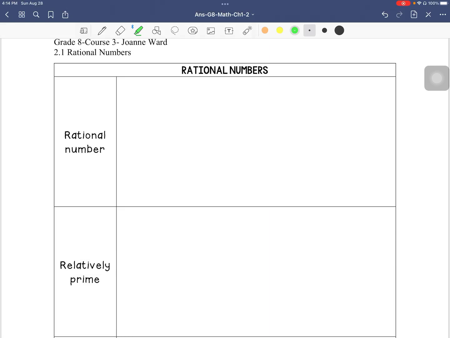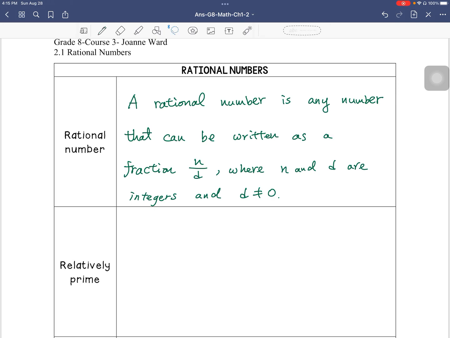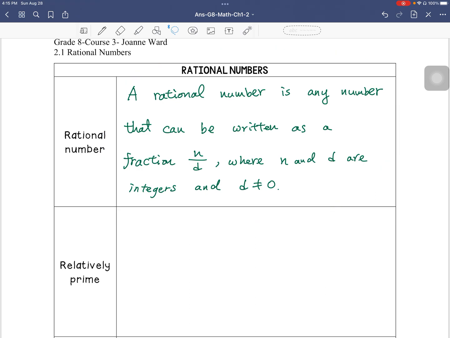So what is a rational number? A rational number is any number that can be written as a fraction n over d, where n and d are integers and d does not equal 0.